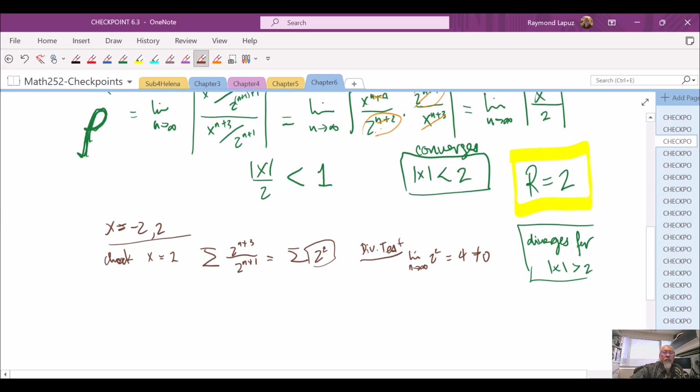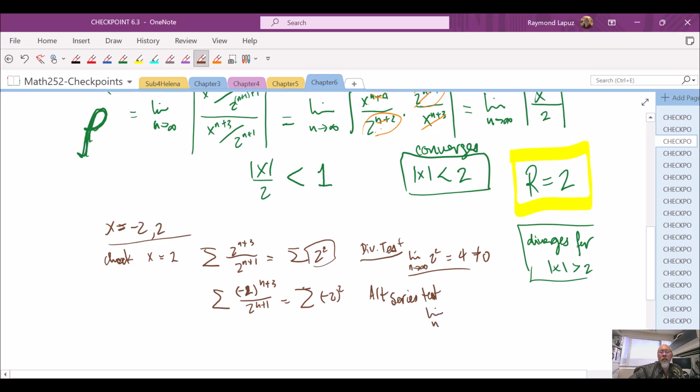And it'll be the same thing that's going to happen when you put the negative 2 in there. To the n plus 1, and this will give us again 2 squared, negative 2 squared, which again will fail the alternating series test. One of the alternating series tests is like the divergence test.